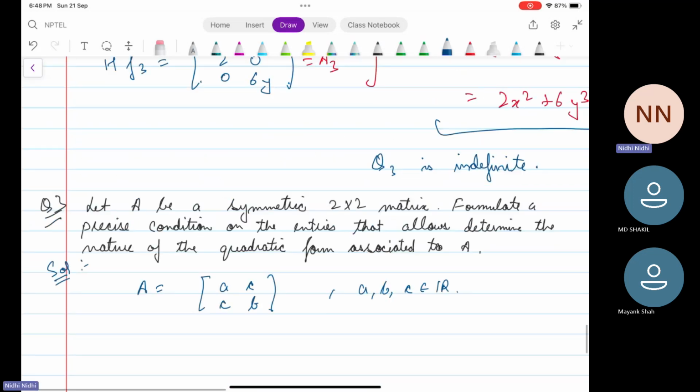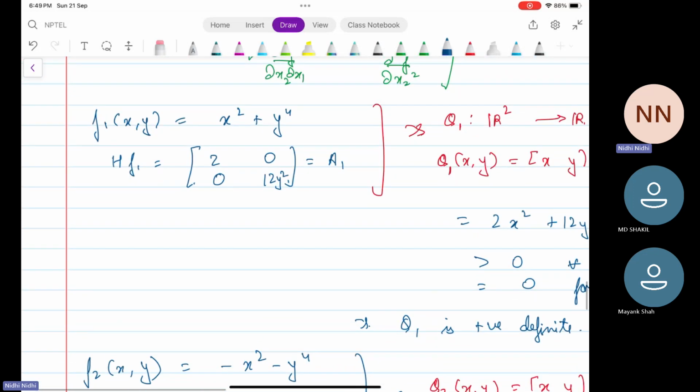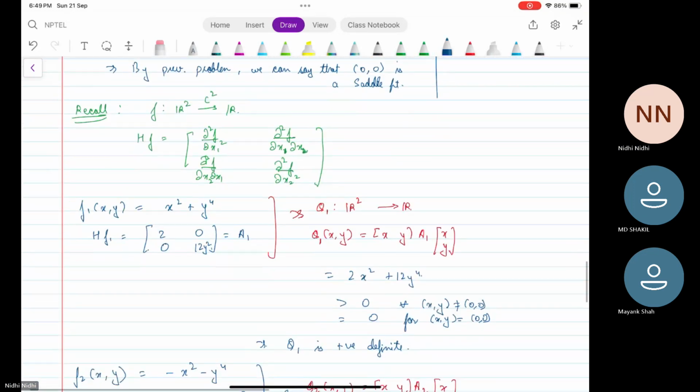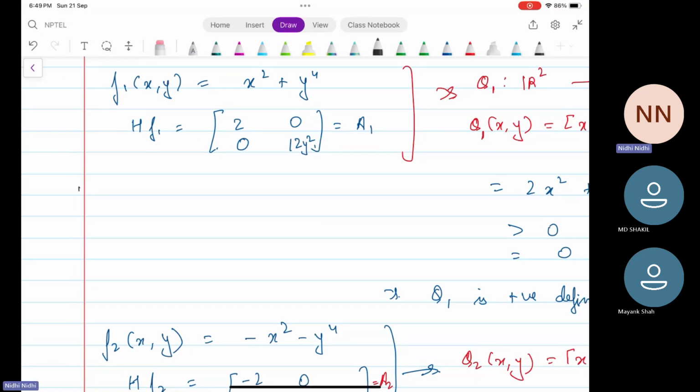Maybe there we need to take the Hessian at the critical point. So here, if we take this Hessian of f1 at (0,0), this will be 2, 0, 0, 0.